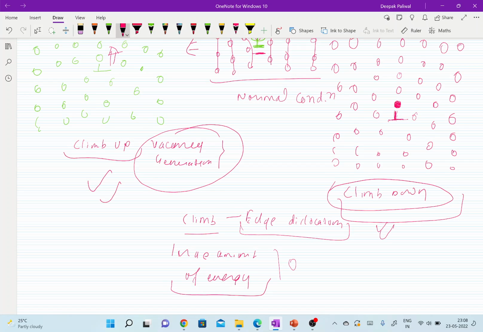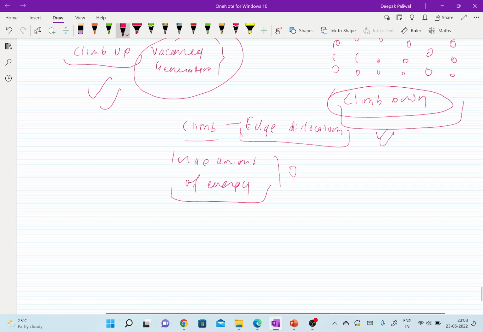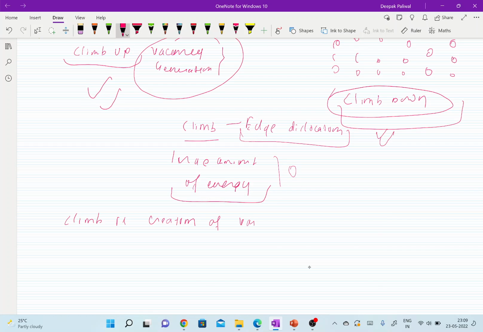So in simple terms, the climb is the creation of vacancies or interstitials in the vicinity of a dislocation.